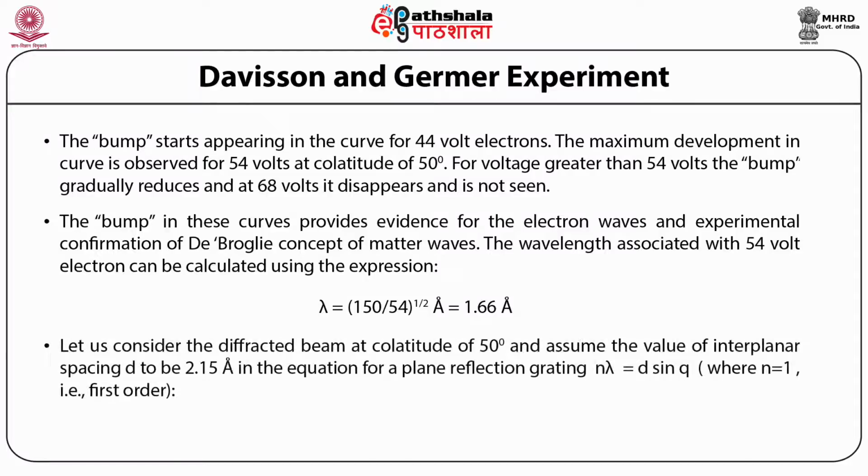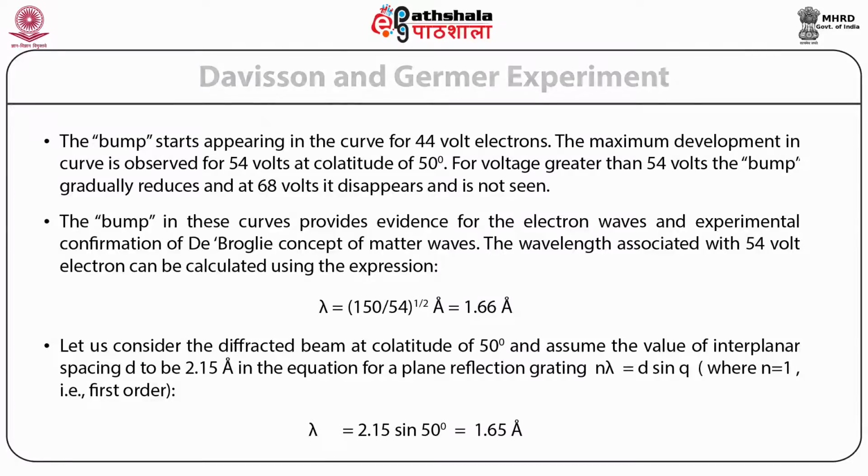Let us consider the diffracted beam at co-latitude of 50 degrees and assume the value of interplanar spacing d to be 2.15 angstroms in the equation for a plane reflection grating, n lambda equals d sine theta, where n is equal to 1, that is the first order. Lambda comes out to be equal to 2.15 sine 50 degrees, which equals 1.65 angstroms.